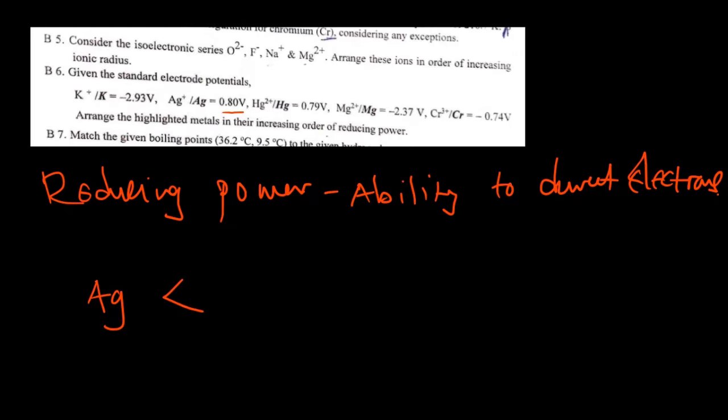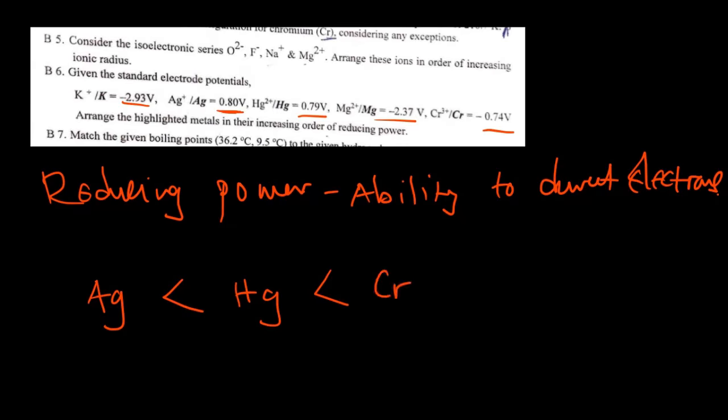This is 0.8, and the one that will follow is the 0.9, which is mercury. Then mercury is less than, which one will follow there? I have this minus, that minus, and that minus. Which one of those is more positive? The minus 0.74 is more positive than the others. So that electrode potential is for chromium, so I'm going to write chromium and then less than.